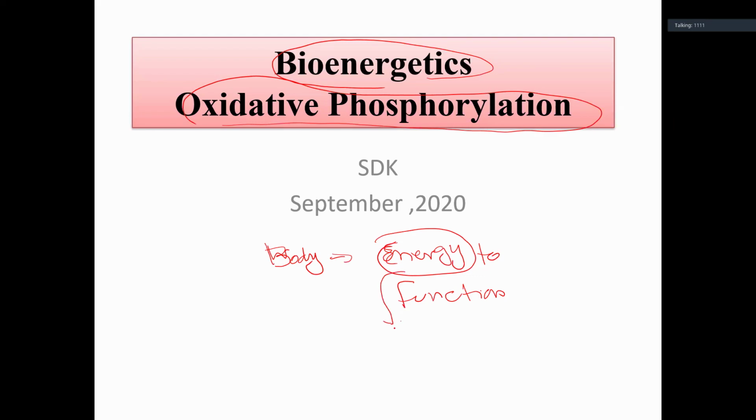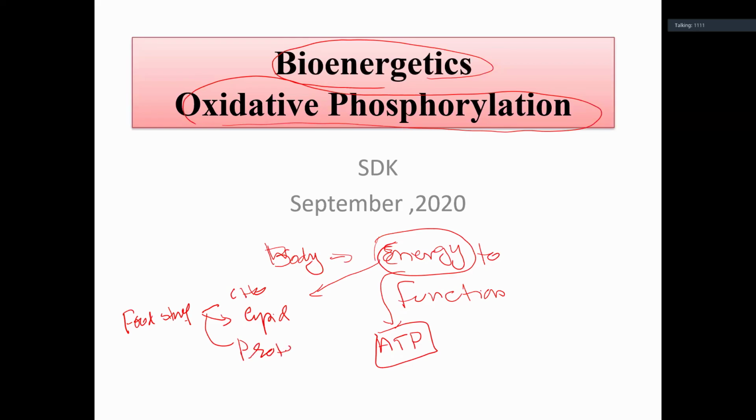Energy is in the form of ATP. Clear, guys? Yes. Energy is coming from food stuff. There are 3 major foodstuffs: carbohydrate, lipids, and protein.